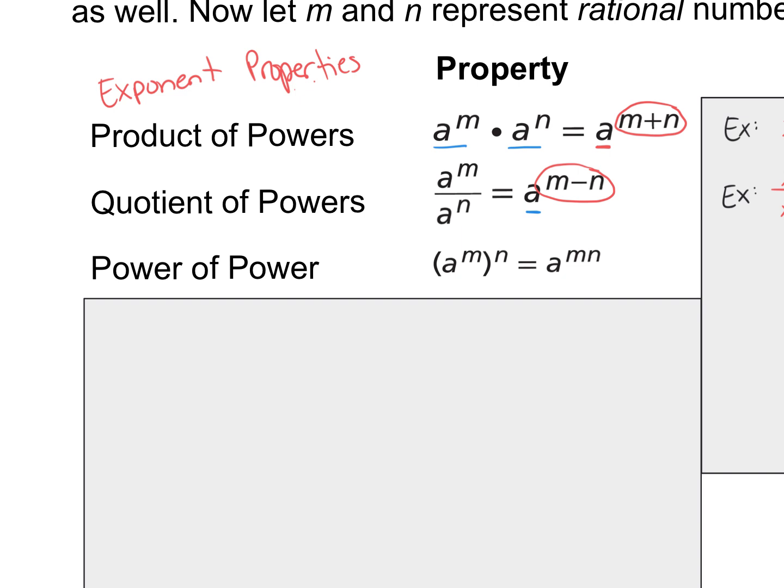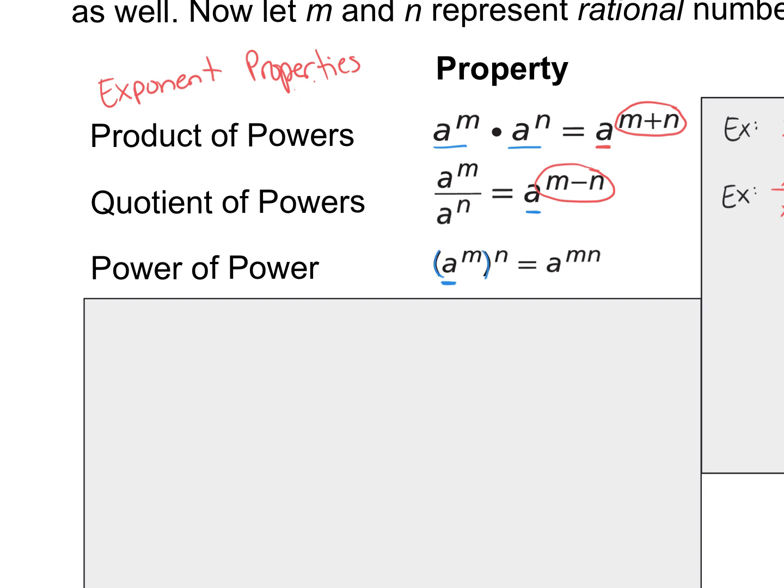Okay, this time we have parentheses. What else do you notice that's different from what we had before? There's 2 exponents. There's only one base value. Okay? There's only one base value and we have parentheses here.